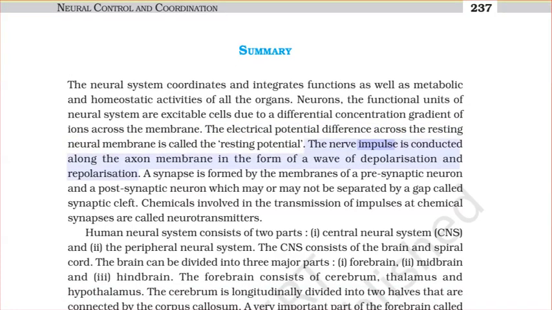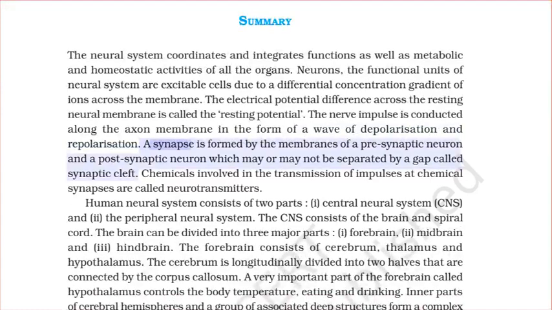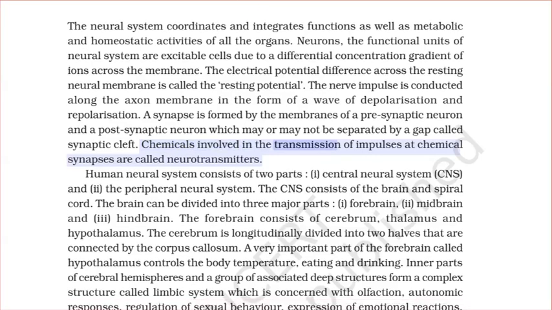The nerve impulse is conducted along the axon membrane in the form of a wave of depolarization and repolarization. A synapse is formed by the membranes of a presynaptic neuron and a postsynaptic neuron, which may or may not be separated by a gap called synaptic cleft. Chemicals involved in the transmission of impulses at chemical synapses are called neurotransmitters.